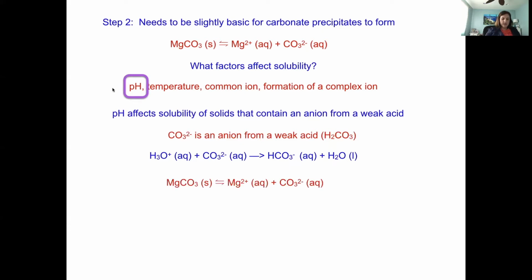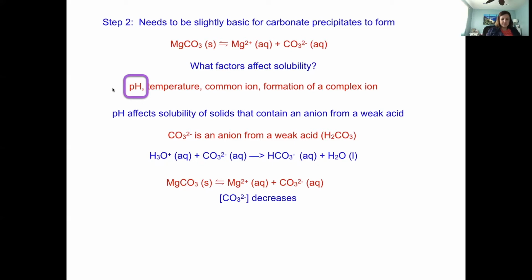So we have to go back to our original reaction to think about what's happening. Two things are going on. If I have magnesium carbonate and I add an acid to it, this reaction is happening. So I'm removing some of the carbonate. In an acidic solution, the carbonate is going to decrease. This is acidic when I have hydronium.